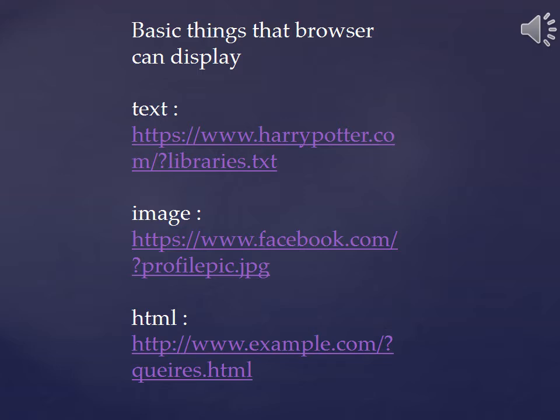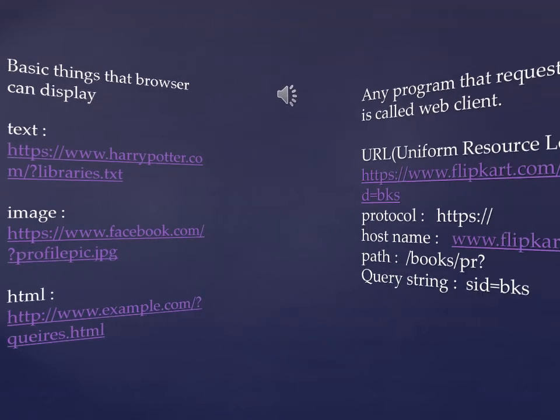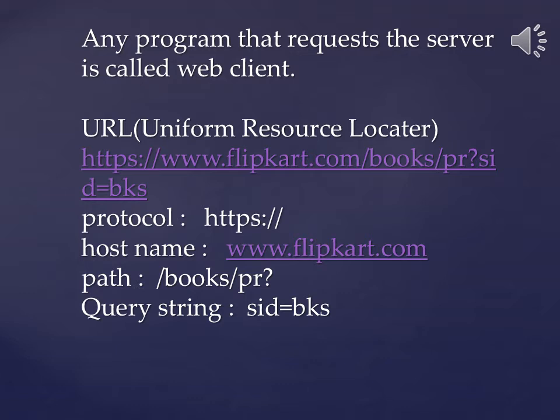Below it we can see an image address, I mean the address directs the browser to display an image, and below that is an HTML address. It means this address will direct the browser to display an HTML web page. Any program that requests the server is called a web client.